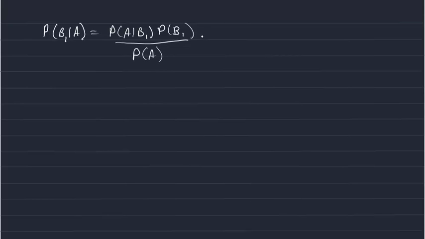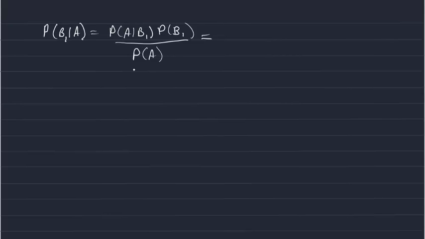So the probability of a marine fossil coming from Basin 1 is equal to the probability of A comma B1 times the probability of B1, all over the probability of A. The probability of a marine fossil from any basin is P(A).